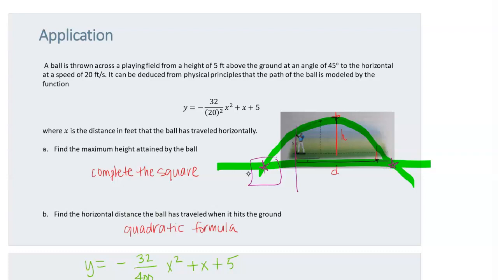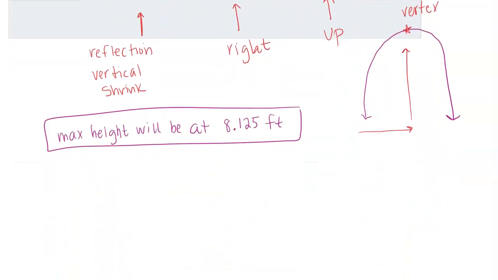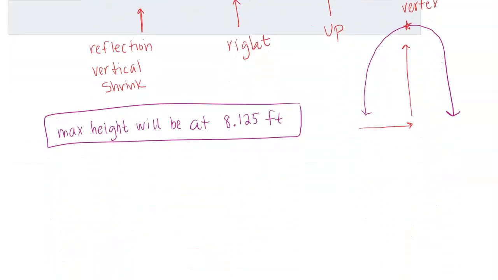Time is starting right here, right? This is when time is equal to 0. And that's actually going to be a negative number. And so we would reject that anyways because we can't have a ball traveling a negative distance. So the quadratic formula gives us the zeros, or the x-intercepts of the equation. So we're going to use the quadratic formula to solve part B.